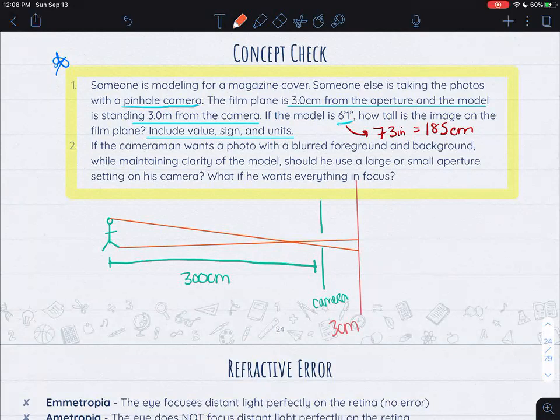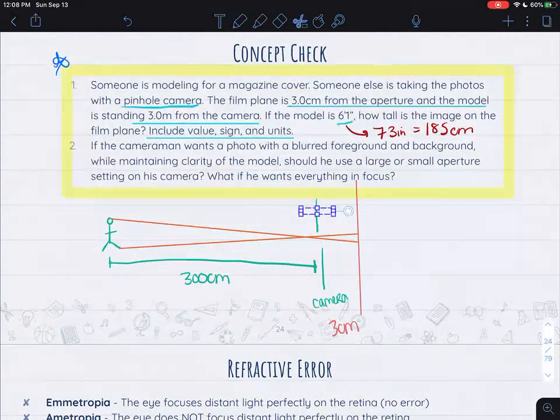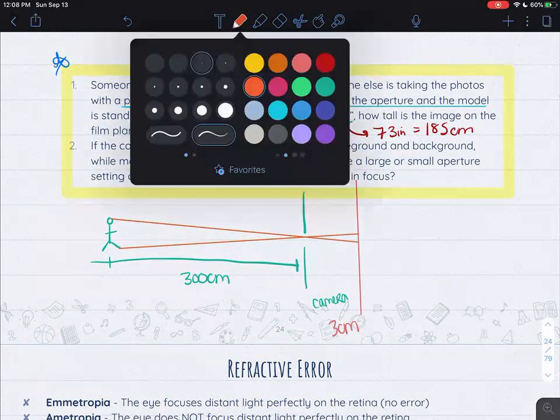Actually, to be honest, the crossing has to be more. I'll just move it like this. There we go. So we'll draw it like that. That way we have better triangles to work with.